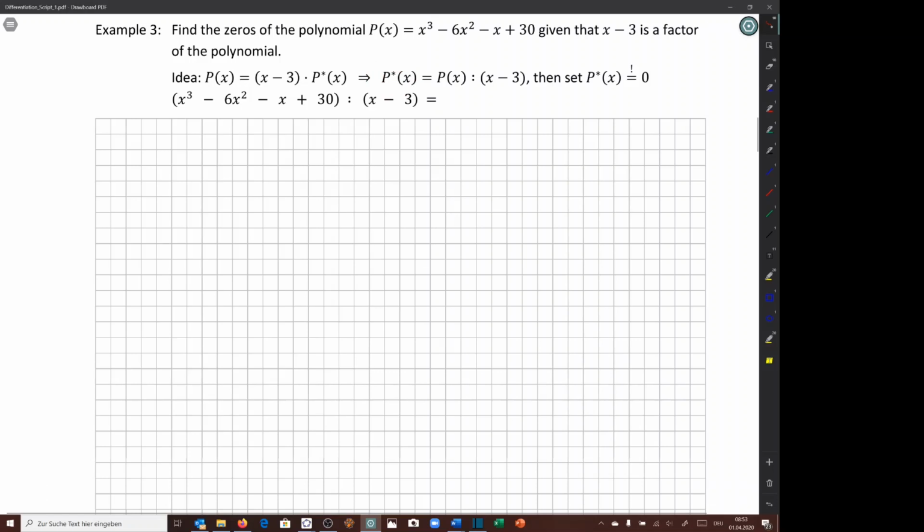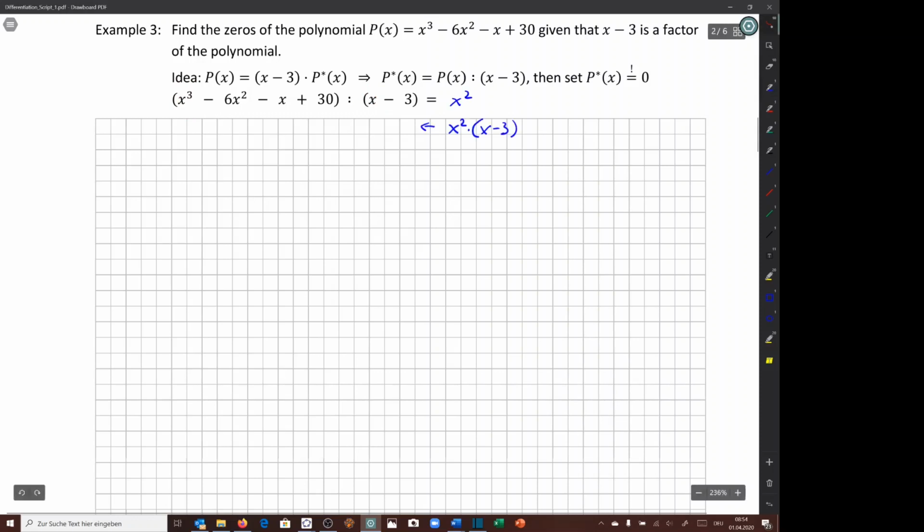To solve this, we need to apply polynomial division. Try to do that on your own, stop the film, and here comes the result. We take the first term on the left and divide it by the first term on the right, so we get x to the power of 3 divided by x, so we get x squared.